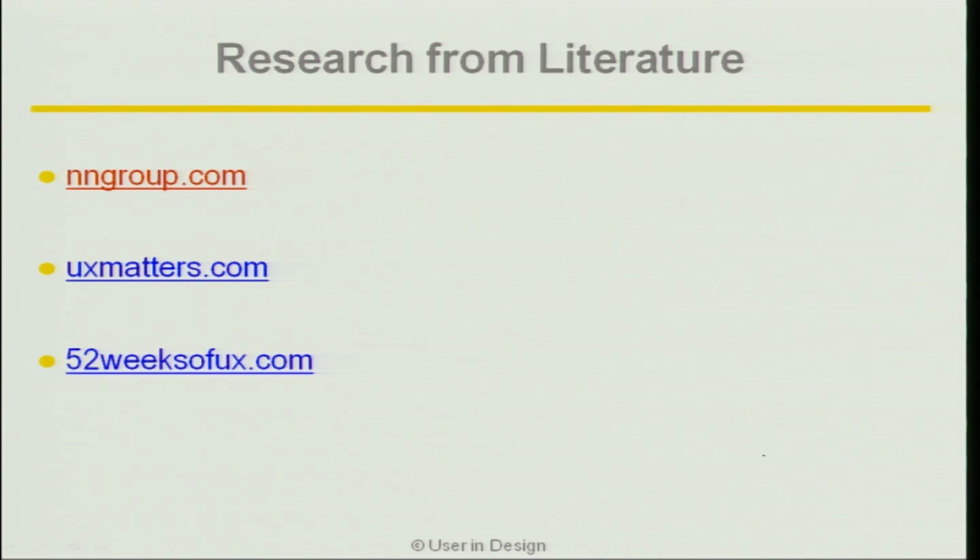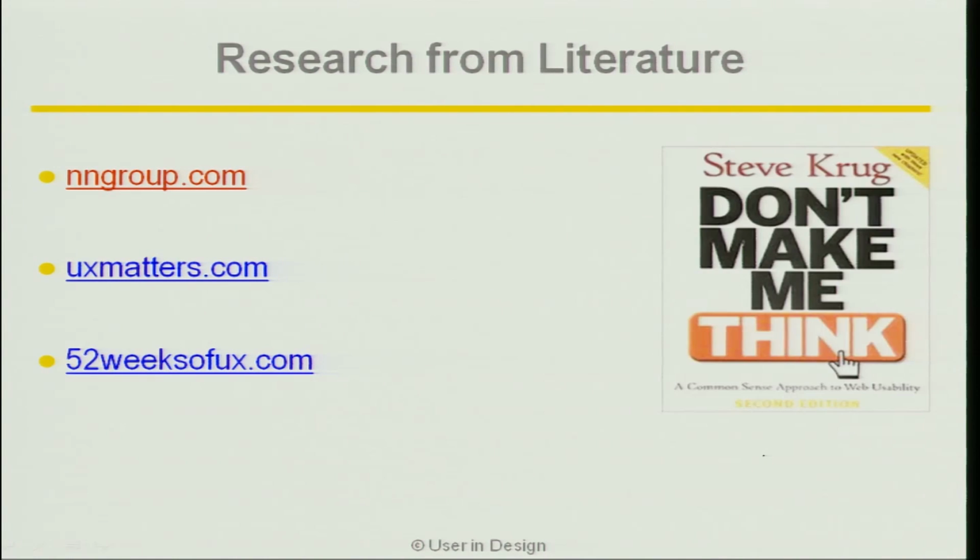And I avidly follow Nielsen Norman Group. Jacob Nielsen and Donald Norman, they are the two really very big and senior people in this field. And there's UX Matters and 52 Weeks of UX, etc. There are many others. So it would be good for you to look through these and see what kind of research exists. And of course, there's lots of books.